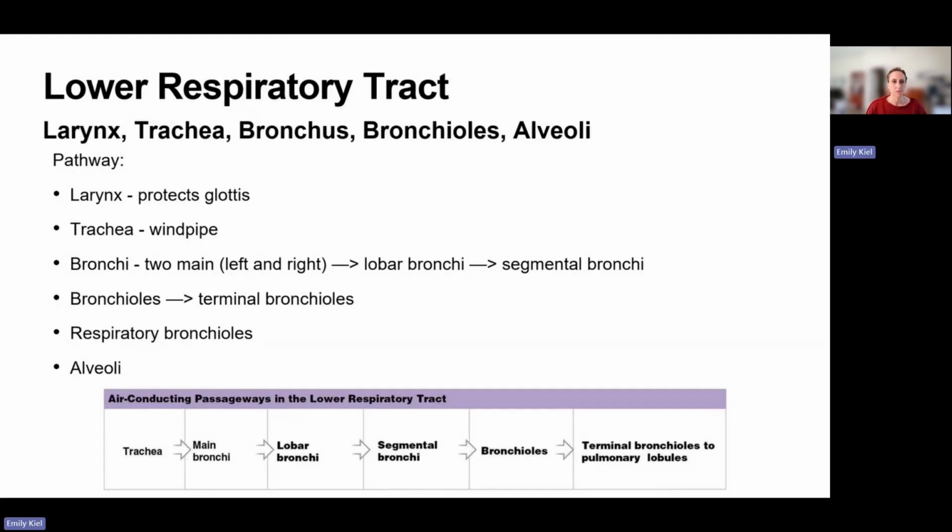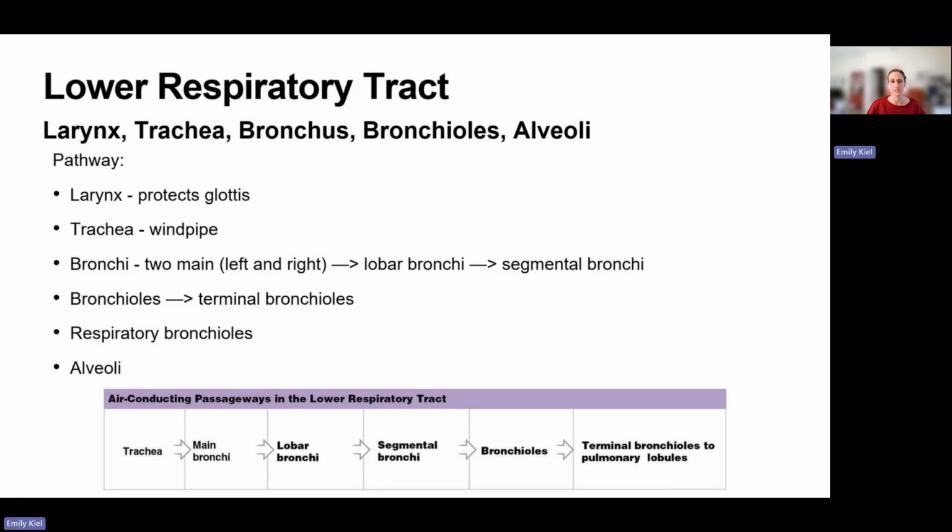So we've done the upper respiratory tract, and we're going to look at the lower respiratory tract, and this includes the larynx, the trachea, the bronchus, the bronchioles, and the alveoli. And the pathway we're going to go through is first the larynx. That's going to help protect the glottis. We're going to go through the trachea. That's the windpipe. The bronchi, there's 2. There's a left and a right bronchi.